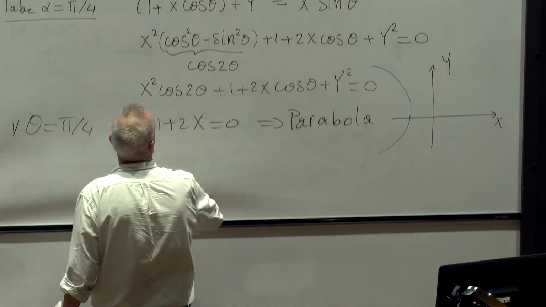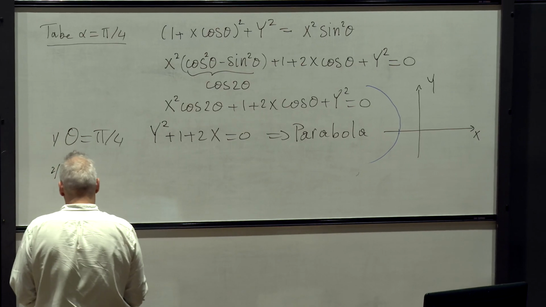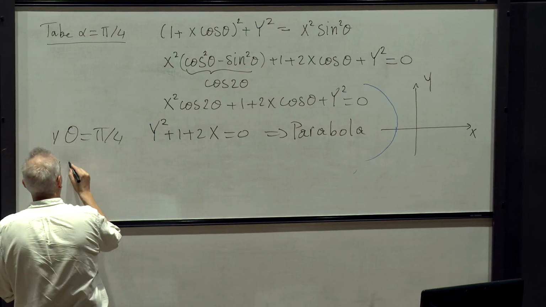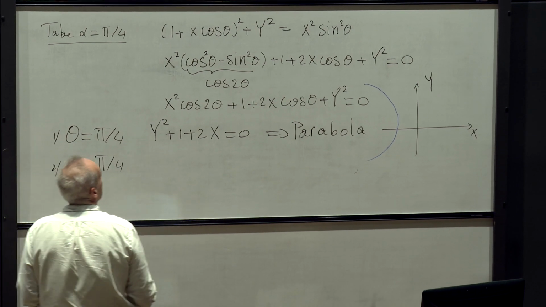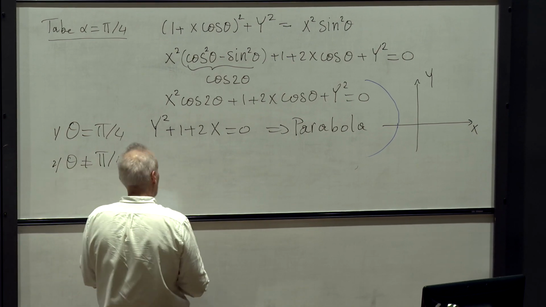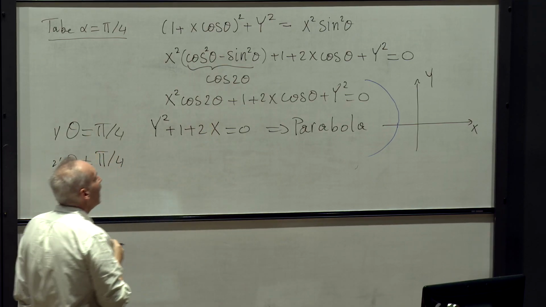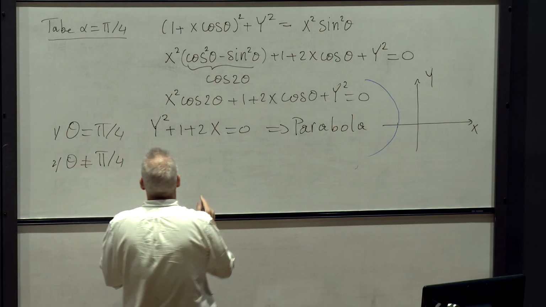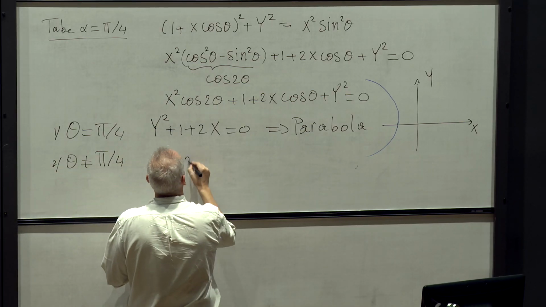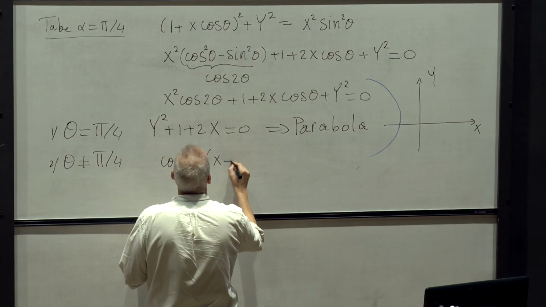Okay, so that's easy. Now we can take theta different than pi over 4, which allows us to divide by cos 2 theta. So we write that, we put cos 2 theta in front. So that's x.